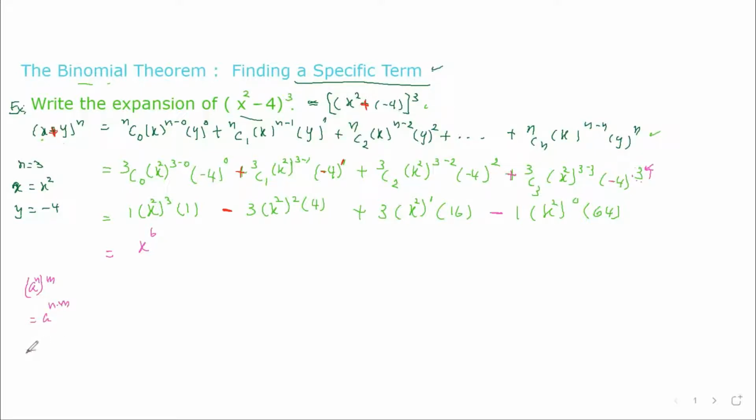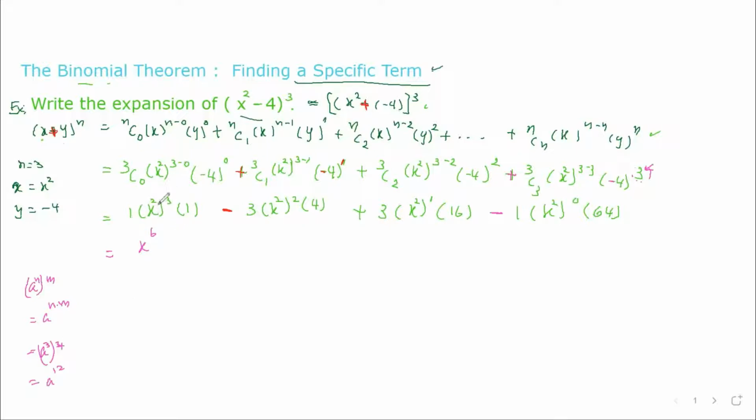For example, if we say a power 3 and power maybe 3 like this or 4, we're going to have a power 12. So that means the indices multiply. Okay, so this is the same idea.